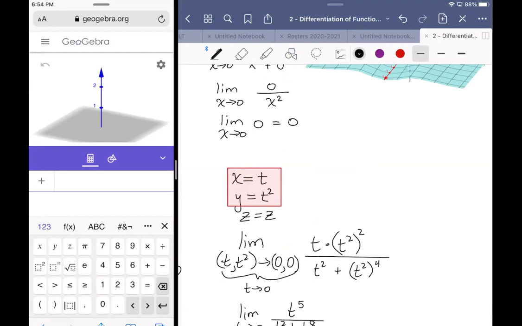And then when I factor out the GCF, it's t to the 3rd over 1 plus t to the 6th.